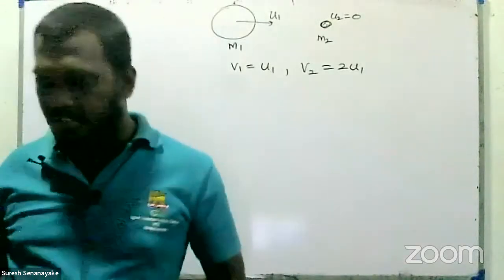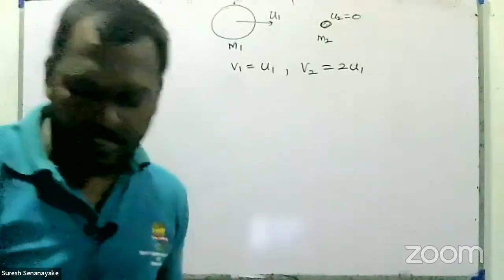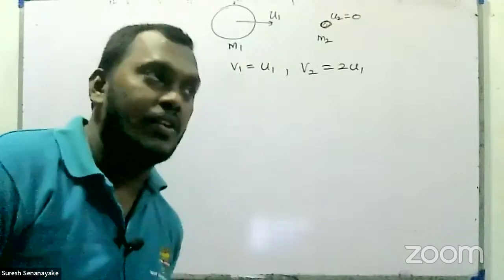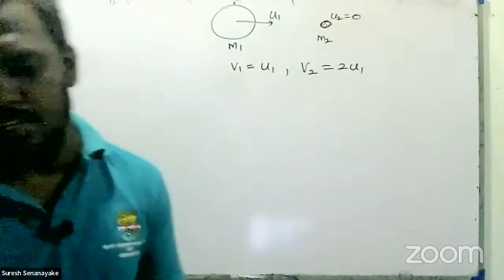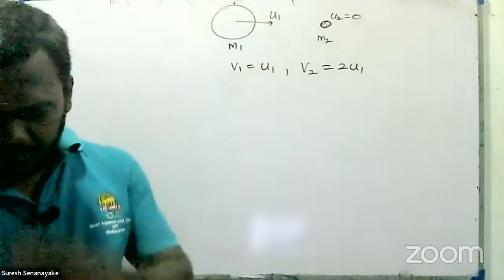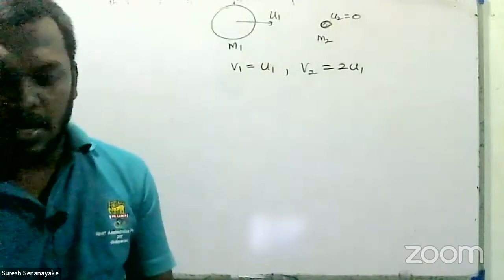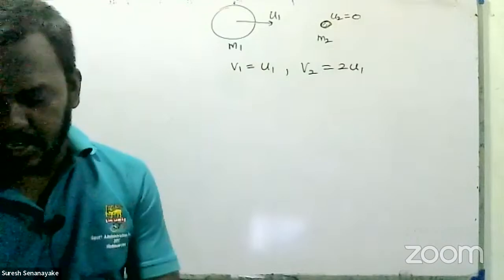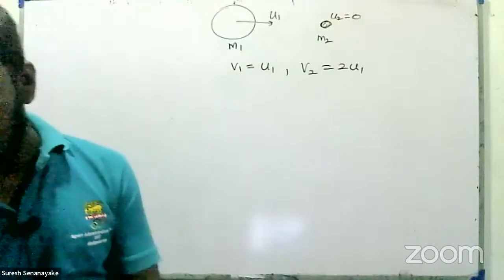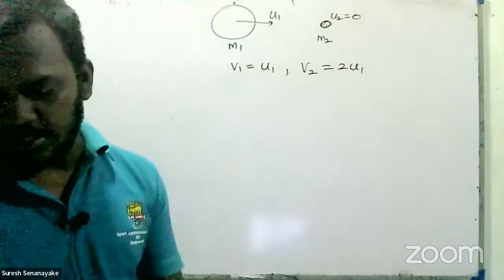Regarding this collision, it's an elastic collision. In your syllabus, you have elastic collisions only. You don't have much inelastic collision. So these theories you need to know. And during this kind of collision, the transfer of kinetic energy equals the decrease in kinetic energy.